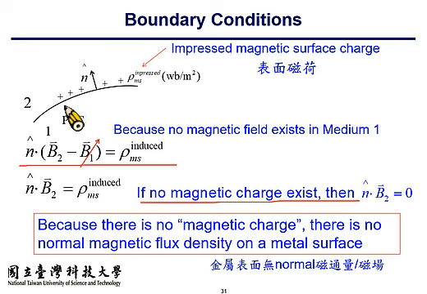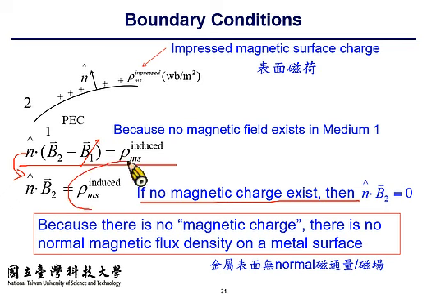And because in medium 1, which is PEC, you don't have magnetic field intensity, you don't have magnetic flux density as well. So this is reduced to N dot B2, the normal component of magnetic flux density on the other side, which must equal the surface magnetic charge density.